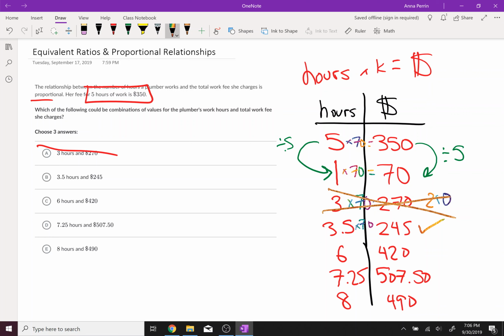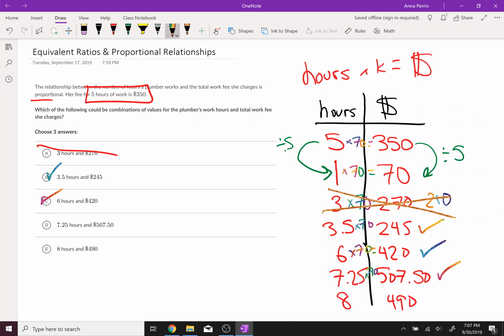That means that this row works, and that means that answer is good. Continuing on, 6 times 70 is 420. That row is good. And 7.25 times 70 does give me $507.50 if I were doing this in a calculator.